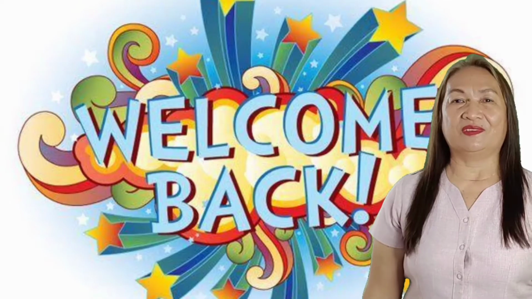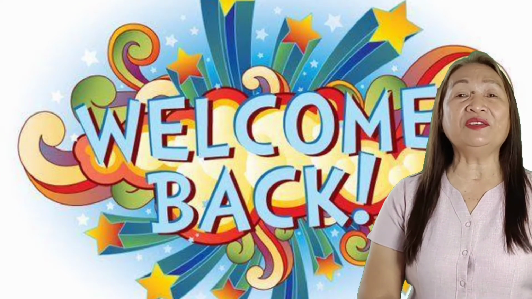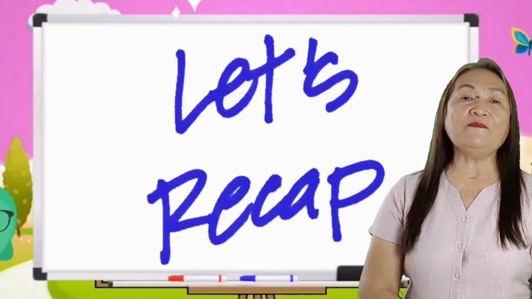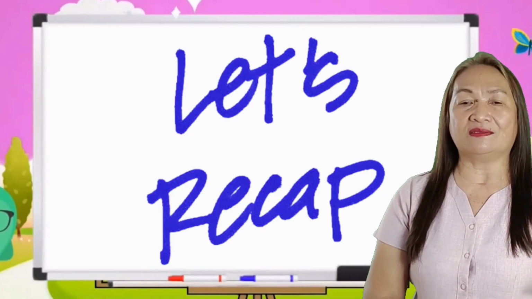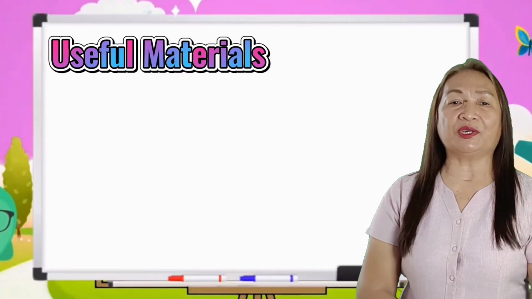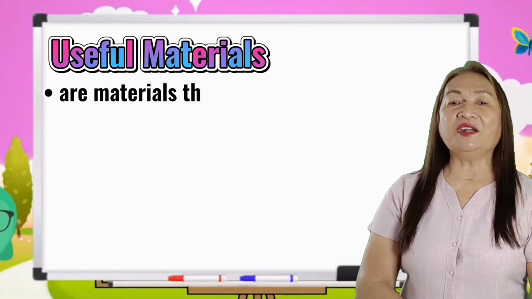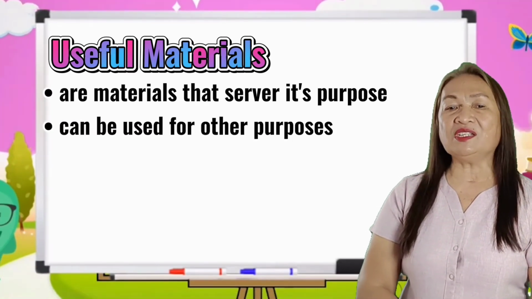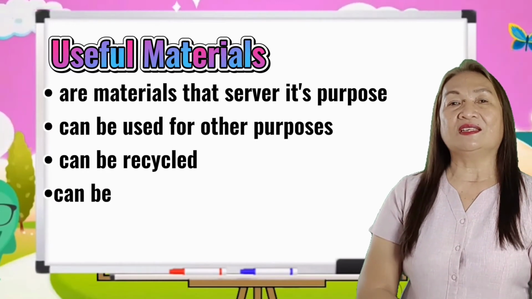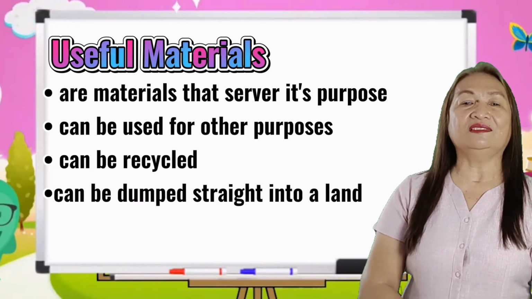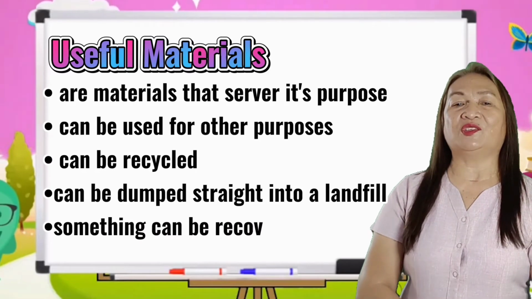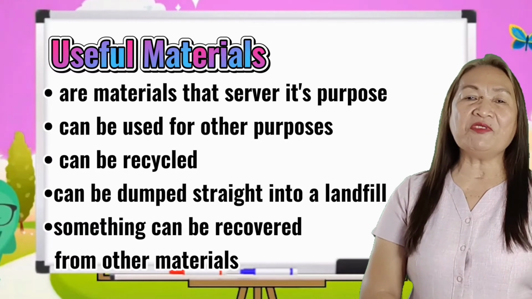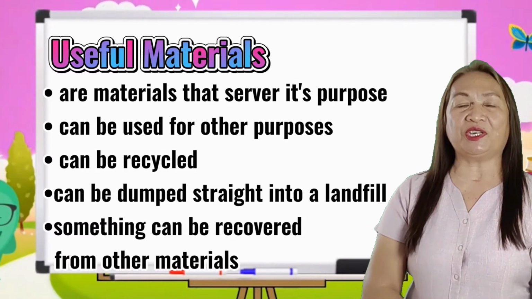discussed. Welcome back to the Villanueva North Insider for Grade 5 Science. Let us have a recap on what we have discussed. Useful materials are materials that serve its purpose, can be used for other purposes, can be recycled, and can be dumped straight into a landfill, and something can be recovered from the other materials.